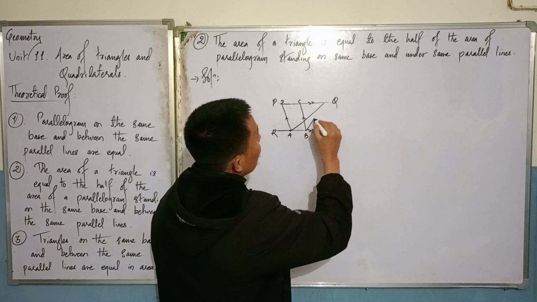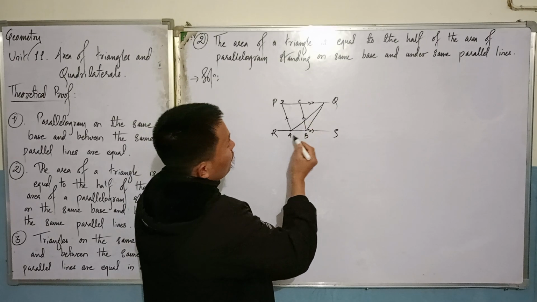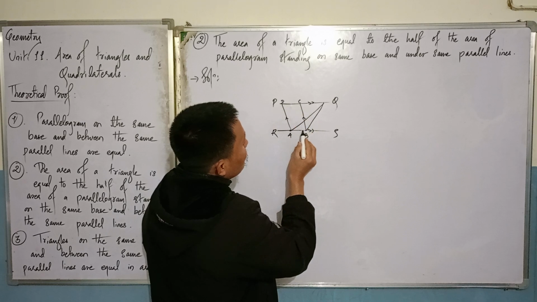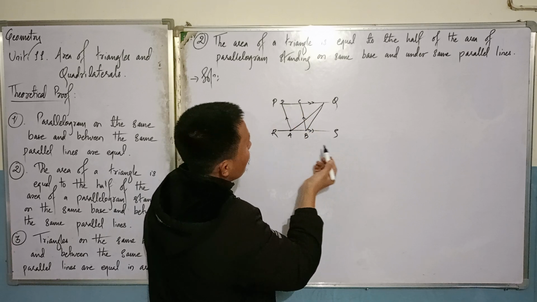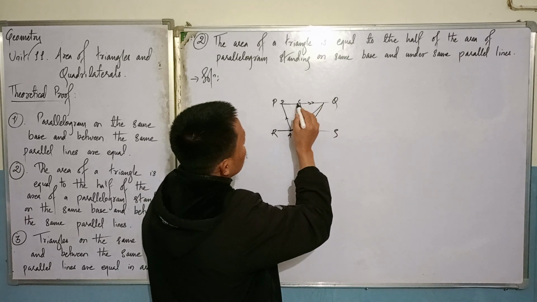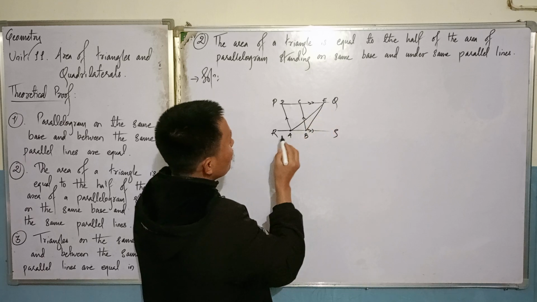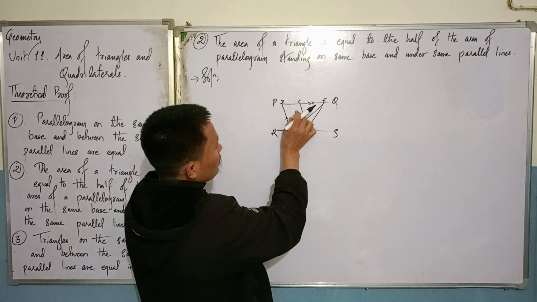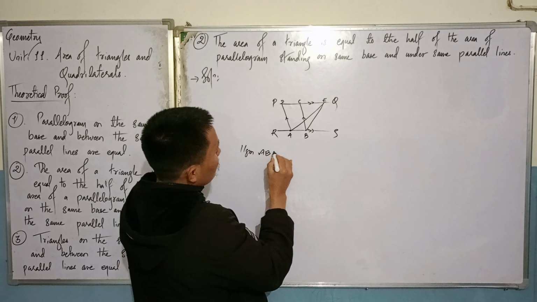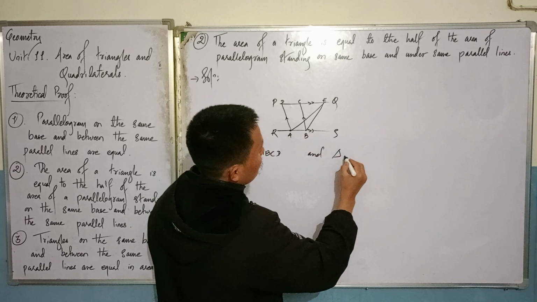So this ABCD is a parallelogram, and on the same base there is standing another figure, a triangle, which is ABE. Let's say this is E. So there are two geometrical figures: one is parallelogram ABCD, and another is triangle ABE.